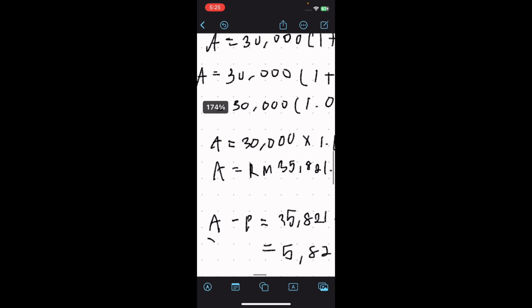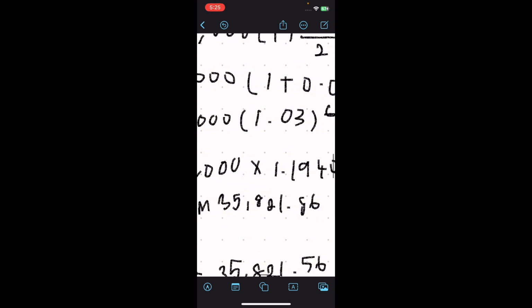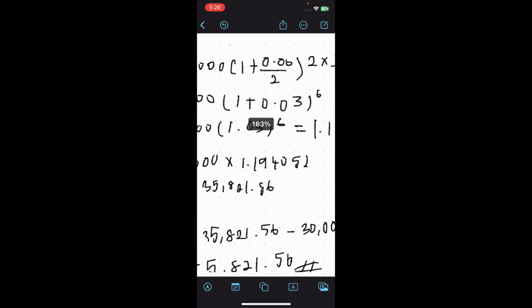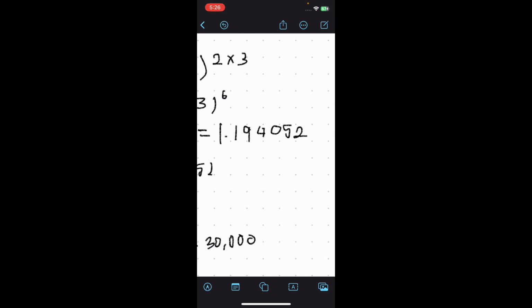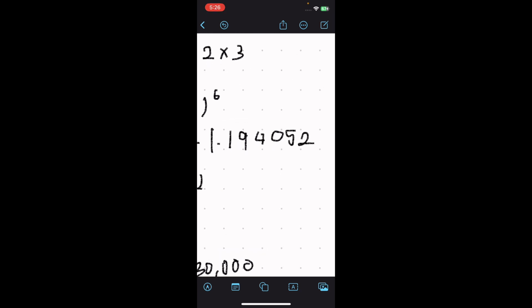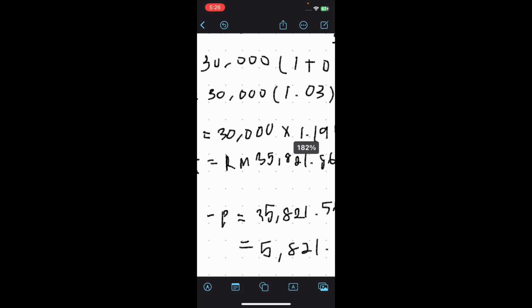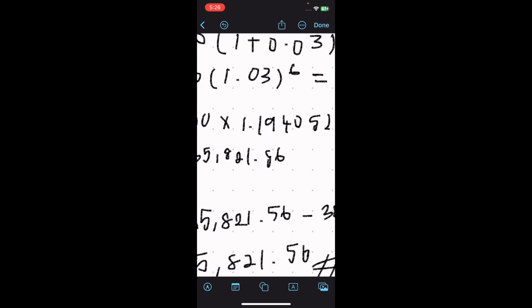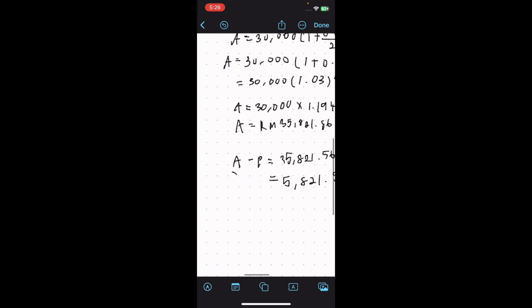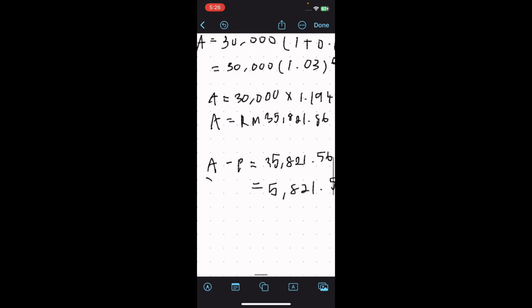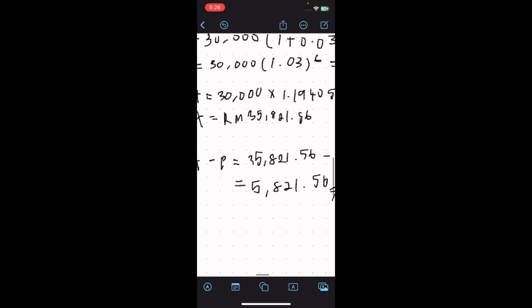So you will get 13,000 bracket 1.036, you will get 1.194052. And then A equal to 13,000 times 1.194052. And the final answer is A equal to RM 35,821.56 cents.